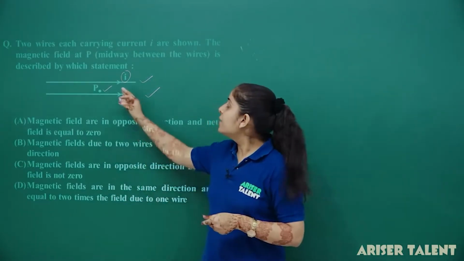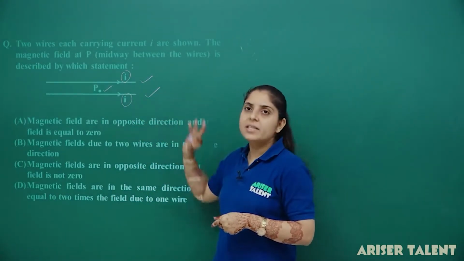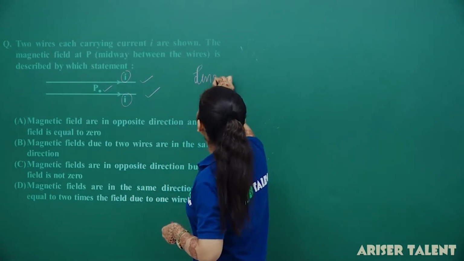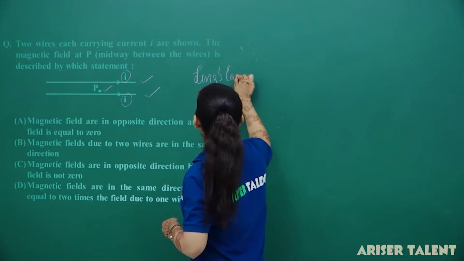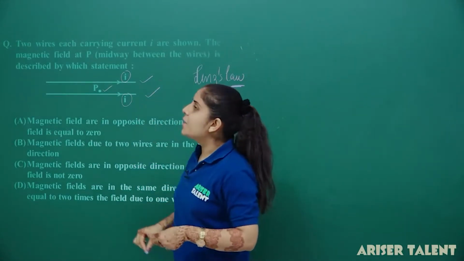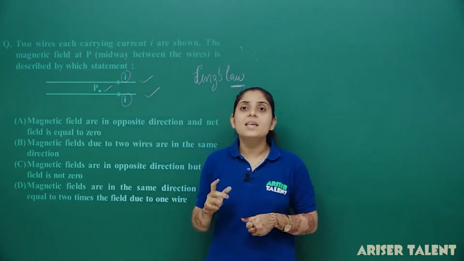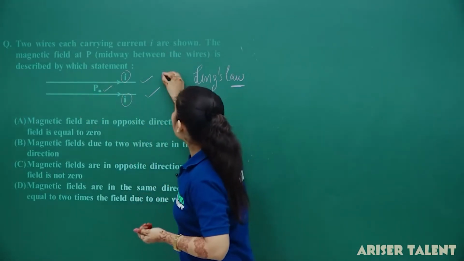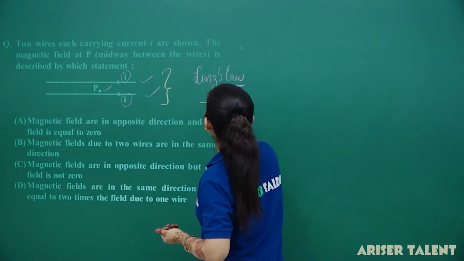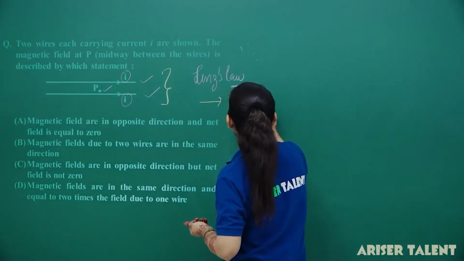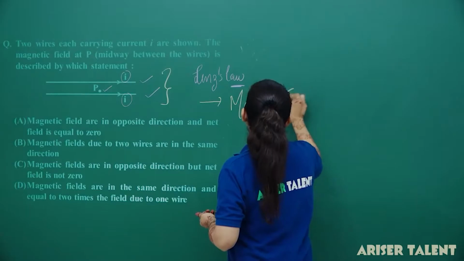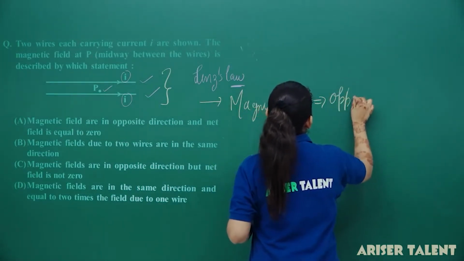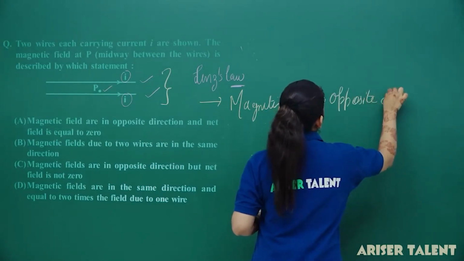Now, if the wires carry current in the same direction, then according to Lenz's law, it always opposes the cause of the motion. So we can say that the magnetic fields due to these two wires will be in opposite direction.